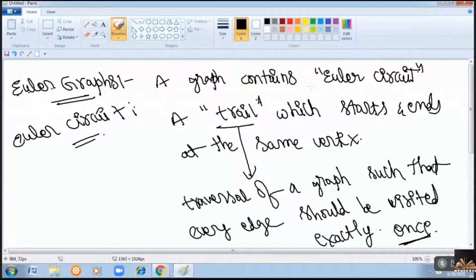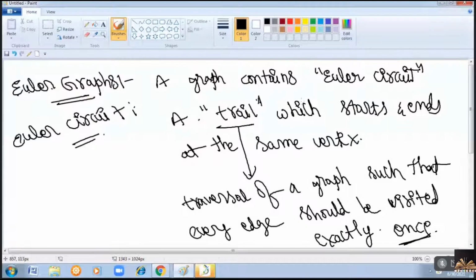So when you are traversing the graph such that every edge is visited exactly once, and this traversal starts and ends at the same point, then we can say that there exists an Euler circuit in the graph, and if an Euler circuit exists, it is treated as an Euler graph. Is it clear, ma?